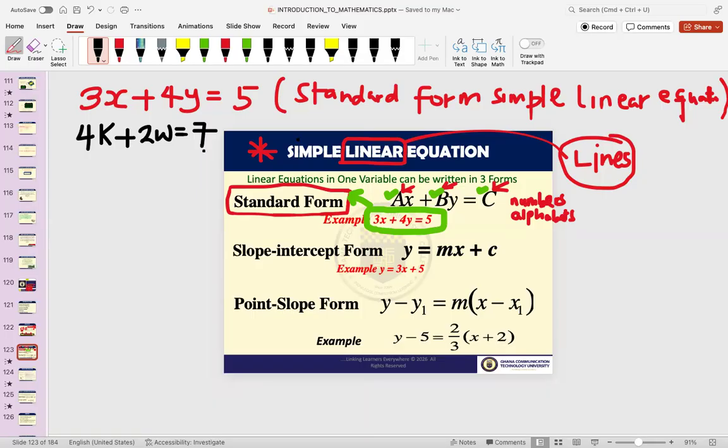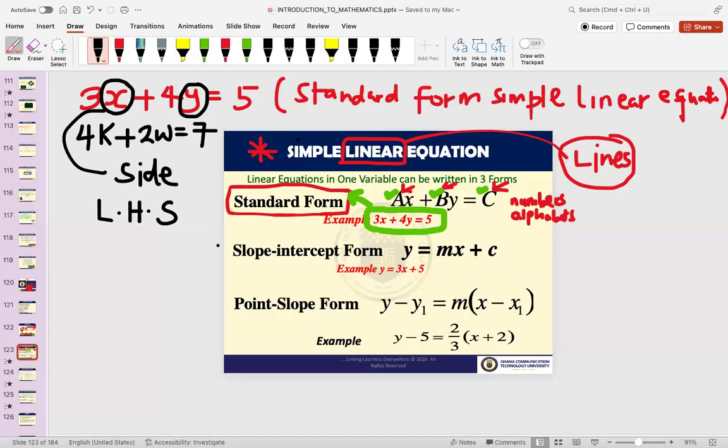Why is it standard form? Standard form because both variables are on the same side, the left-hand side. They are all on the left-hand side. So when all the variables are on the left-hand side, we say it is called standard form simple linear equation, if all the variables are on the same side.